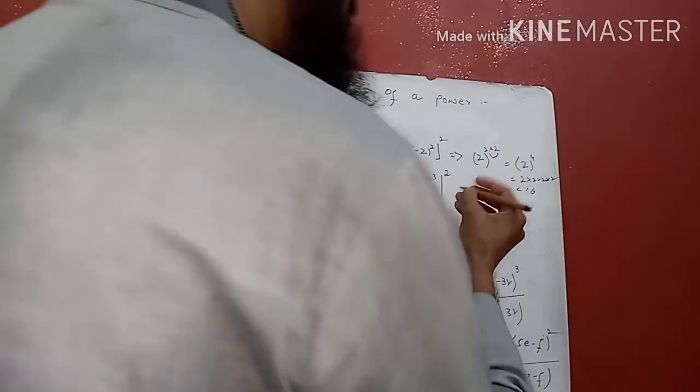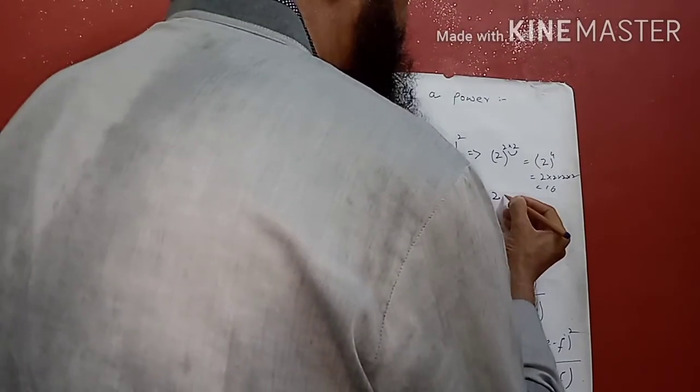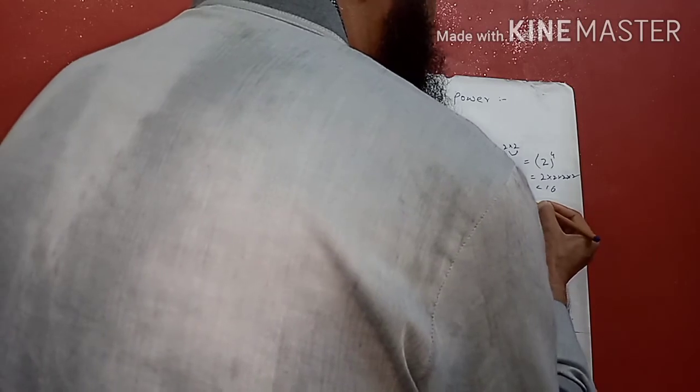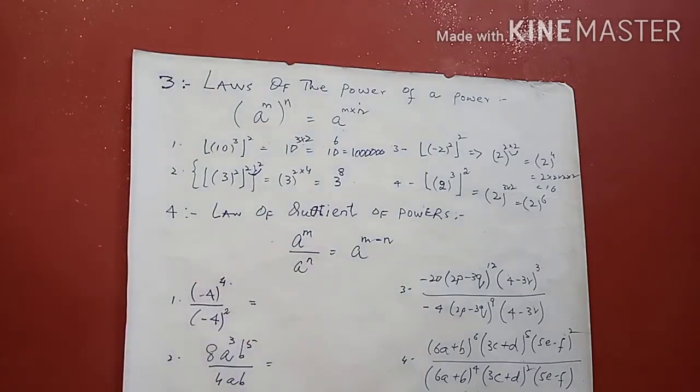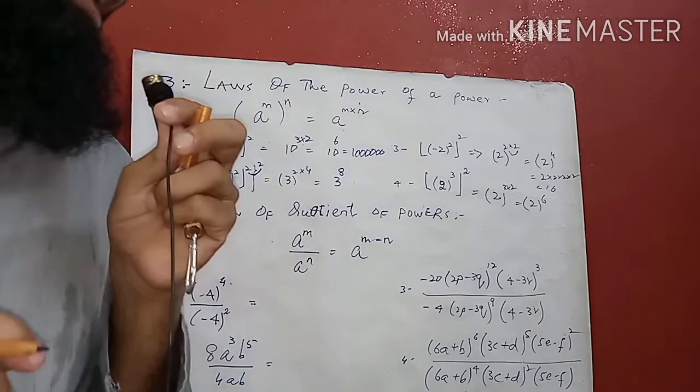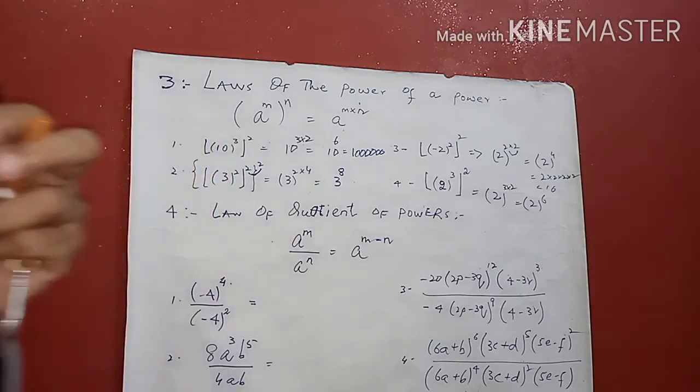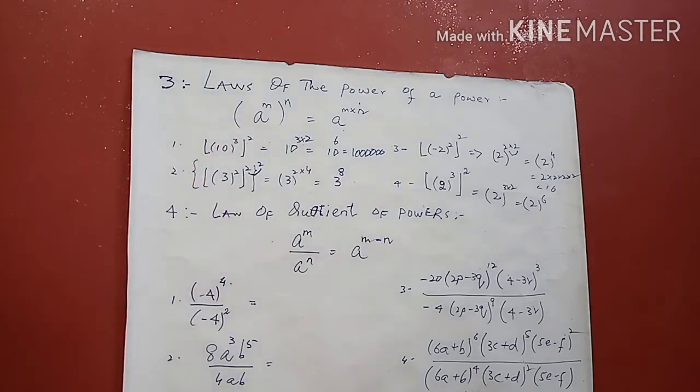Now question number 4. It is a so easy question. 2 raised to power 3 multiplied by 2. That means 2 raised to power 6, or it means 2 multiplied by itself 6 times. The answer comes as 64.